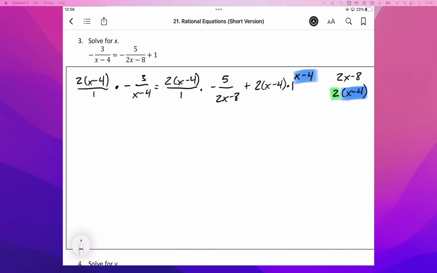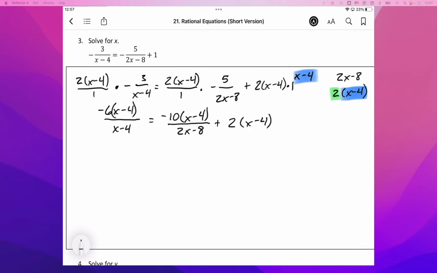And so what we'll have next is we'll go ahead and multiply this out. So we will end up with negative 6 times x minus 4 over x minus 4 is equal to negative 10 times x minus 4 over 2x minus 8, and then a plus 2 times x minus 4 over 1 times 1, which is just 2 times x minus 4.